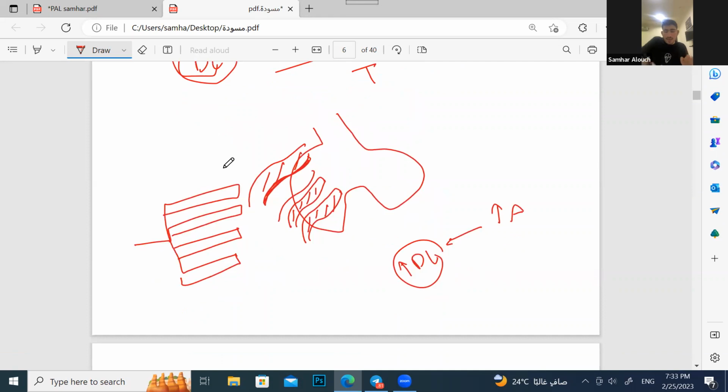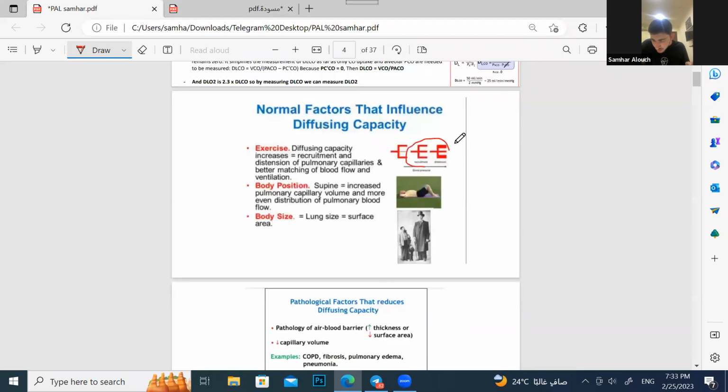Okay? Another mechanism is that this is a blood vessel, and it has blood. Once I train and exercise, I will have more blood going to this blood vessel, and this blood vessel will be bigger. We have a picture here of this.